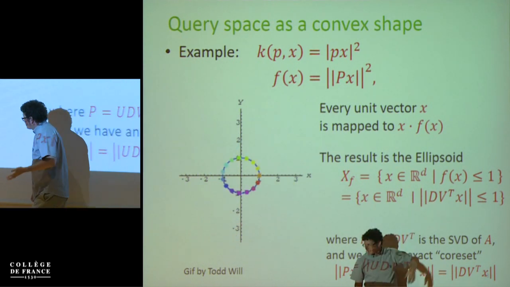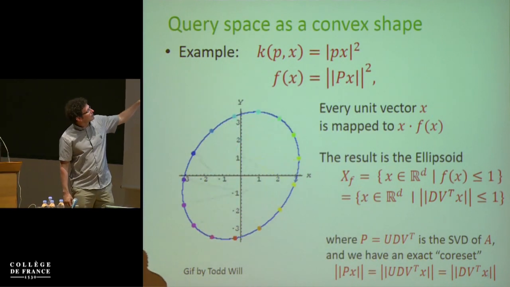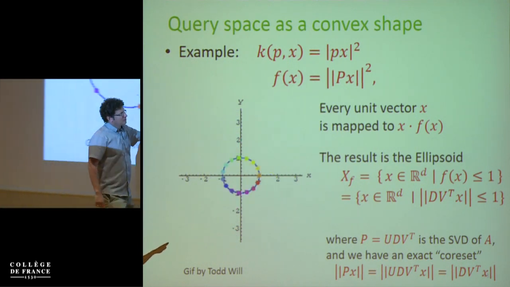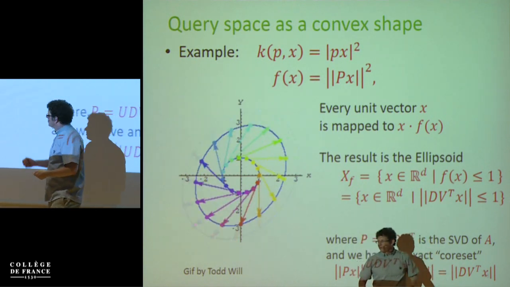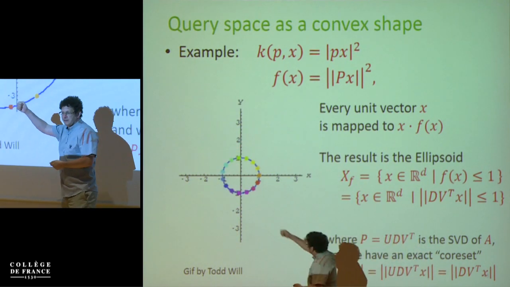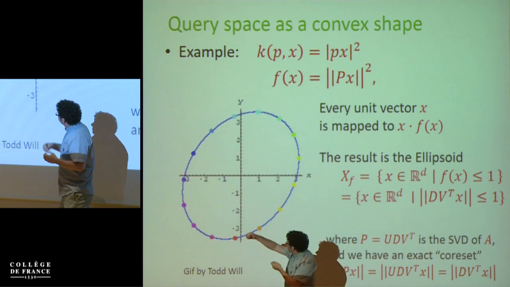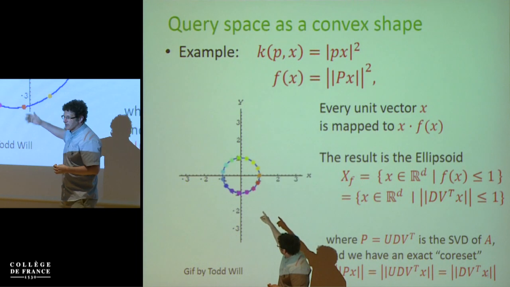And in some sense, we have a coreset for this problem, in the sense that we don't need all the points in P. All we need to store is this ellipsoid, or this matrix DV^T, and we know how to answer every query. You give me a direction, I just compute DV^T x for this direction, I mean, what is the distance of this point to the origin, and then I know what f(x) is.